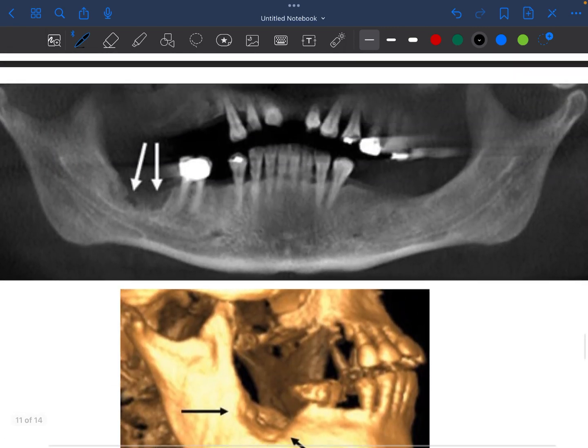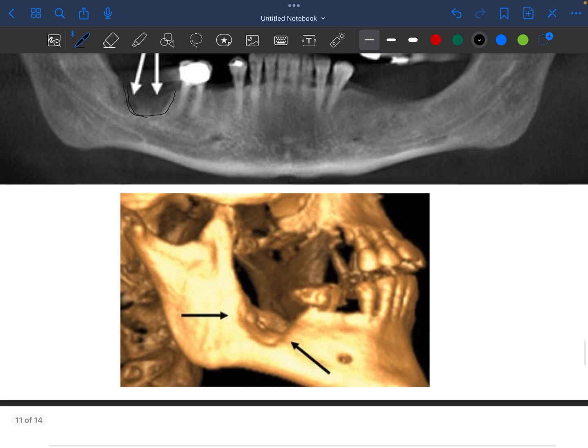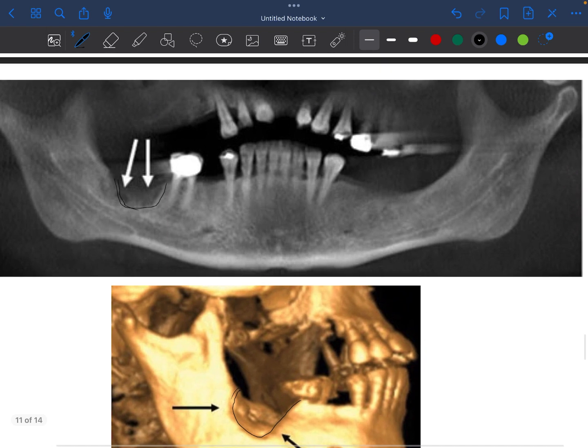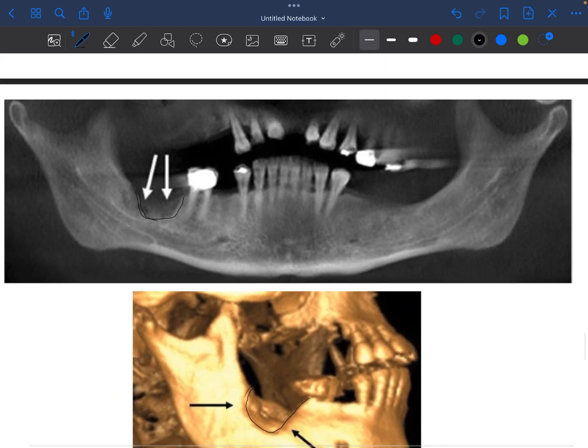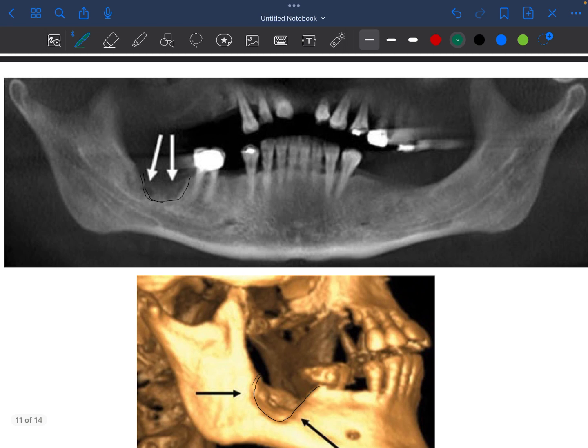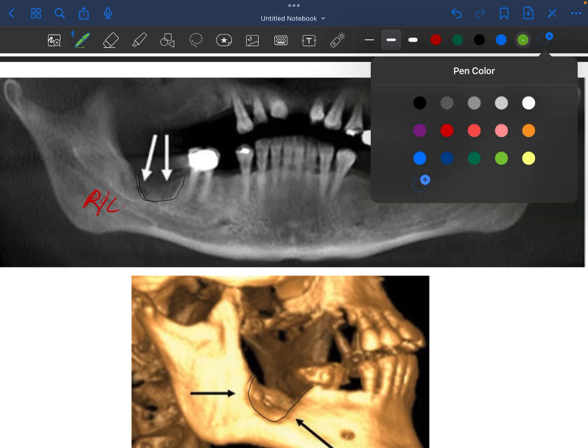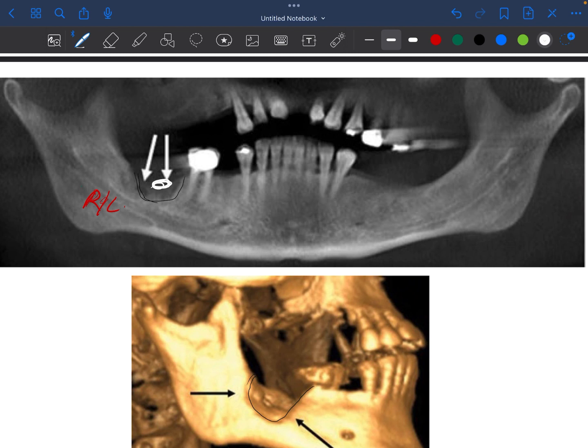Radiographically, when you take the radiograph, you will find a larger lesion. It may or may not involve the tooth. We all know that, right? In CT, you will see a huge chunk of the bone is missing. We know that it's a radiolucent lesion, but sometimes you will find a small amount of bone here.